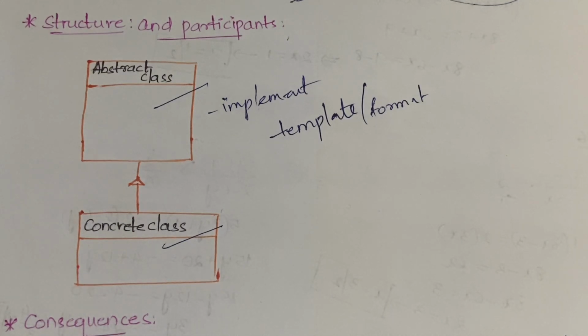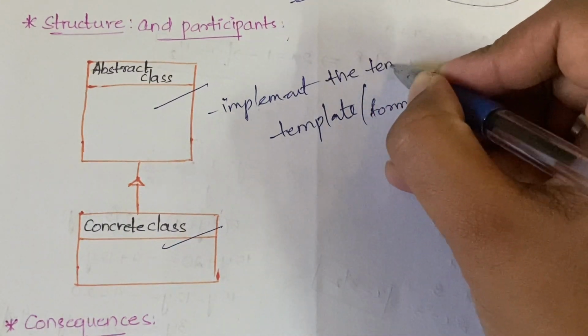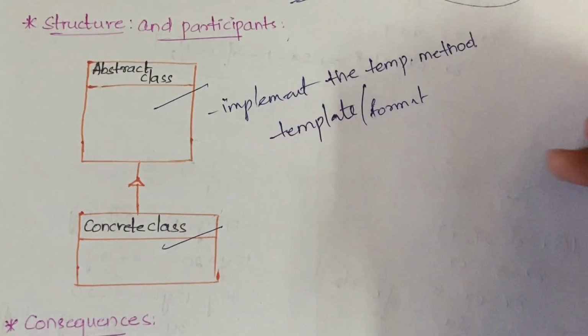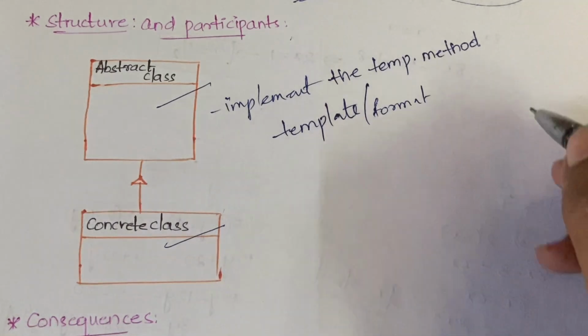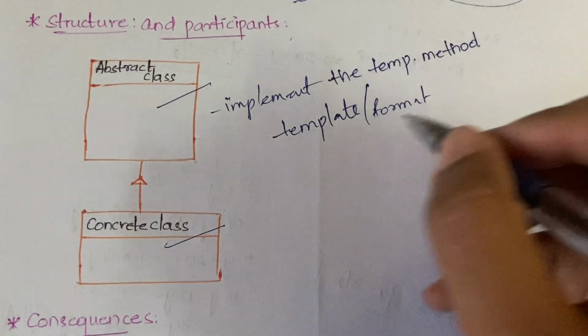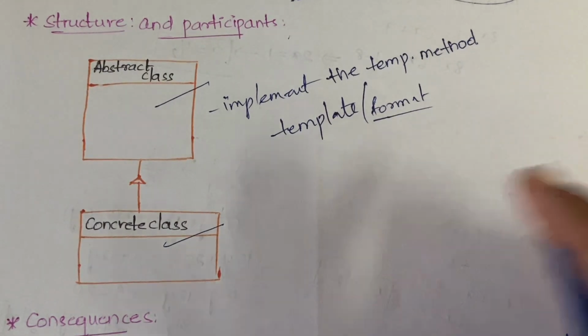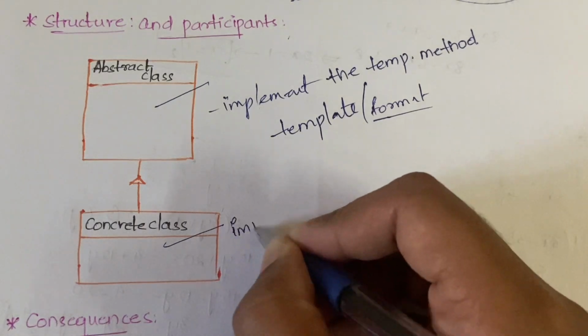So abstract class is nothing but it will implement the template method. And what this template method will do, it will define the skeleton of an algorithm, or you can say the template or the format of an algorithm.